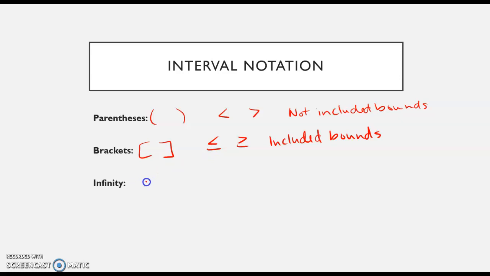And then there's infinity. So infinity, we can have either a negative infinity or a positive infinity. This always has parentheses near it, depending on which one you are using, because infinity cannot be included.